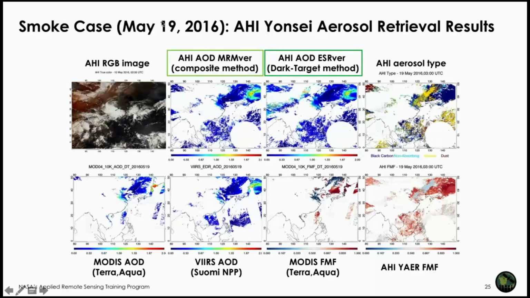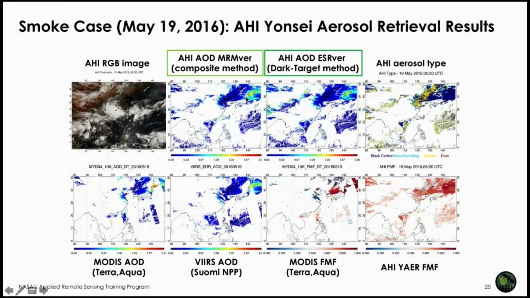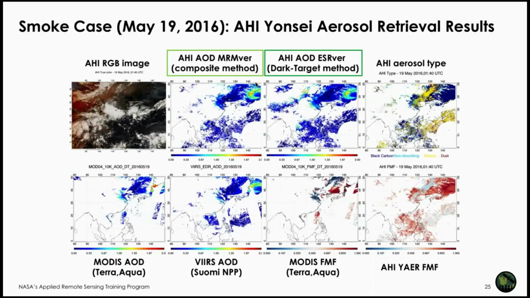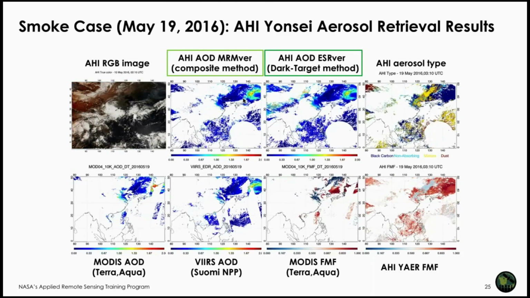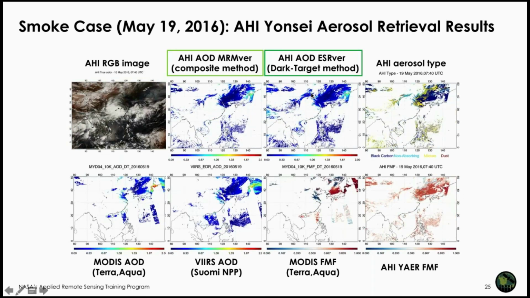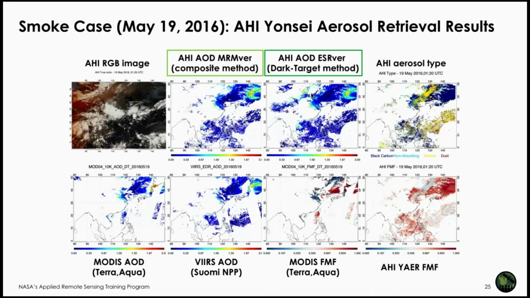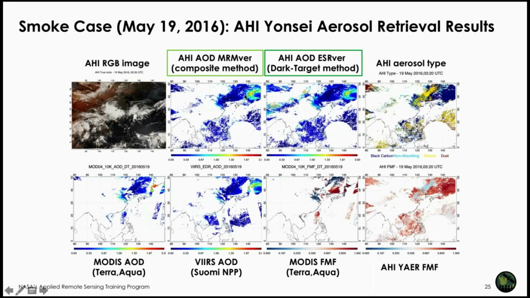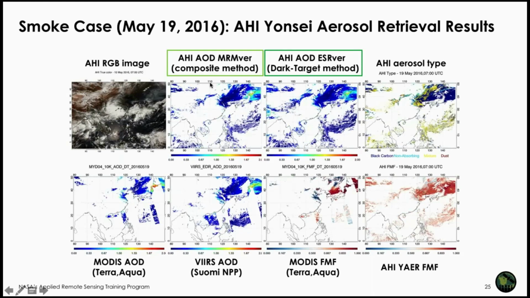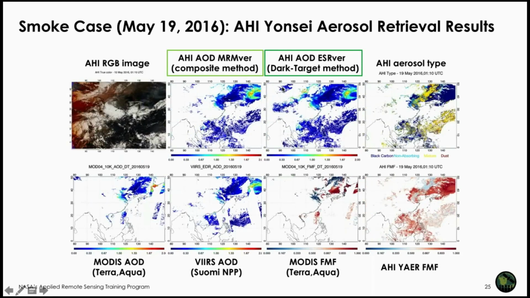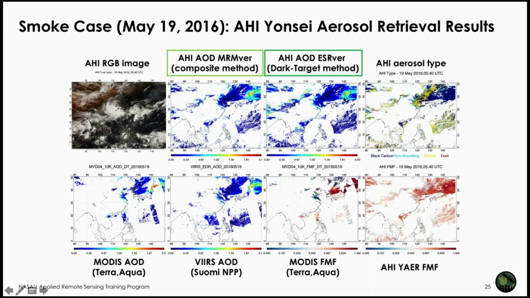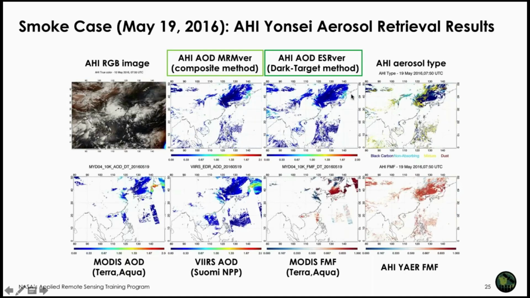Over here we can see the 10-minute temporal resolution image from AHI. It's like an animation or movie. Because we assumed 2 different surface reflectance techniques, AHI has 2 products, the merged version, composite method, and dark target method, and both methods show a similar AOD of about 1 at the center of the plume.